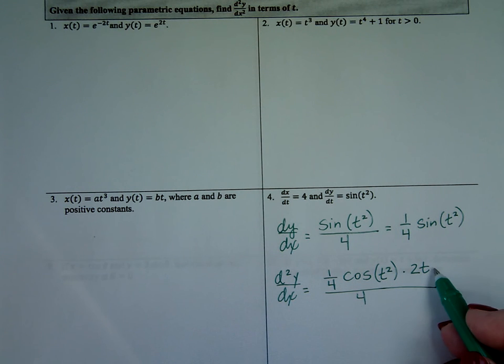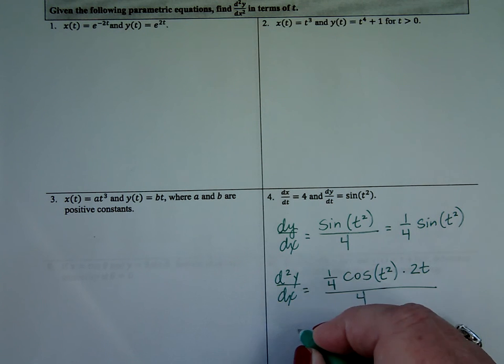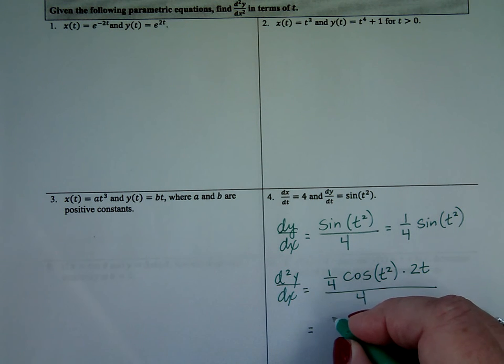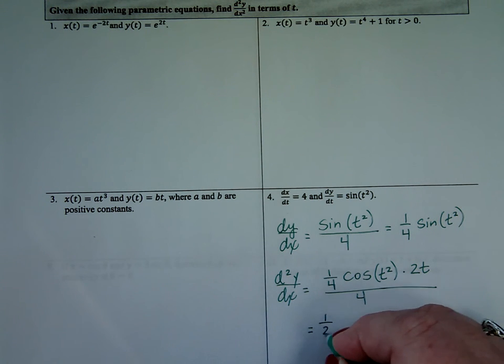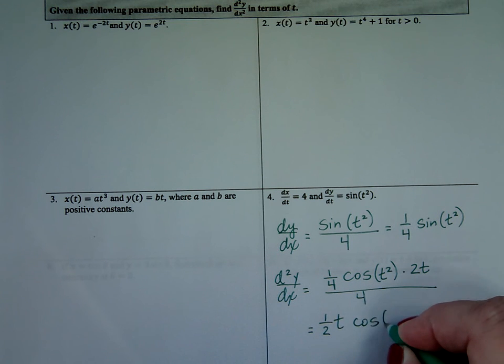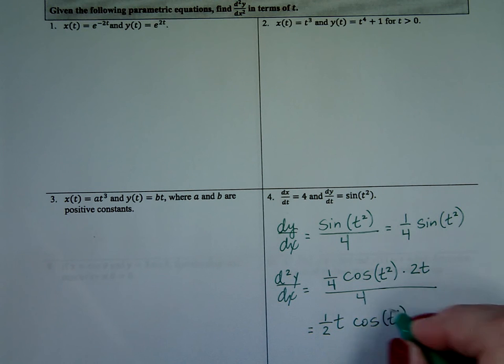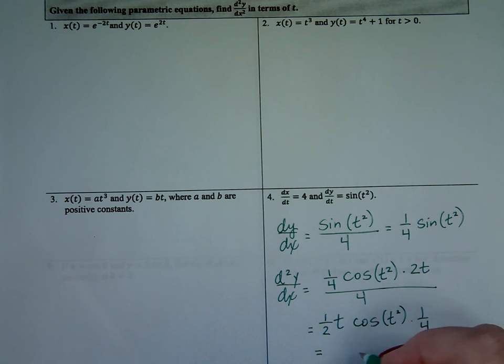This one would be 2t over 4, so it would be 1/2 t cosine of t squared, and that's being divided by 4, so divided by 4 is times 1 over 4, put it together, and I get 1/8, 2 times 4 is 8, t cosine of t squared.